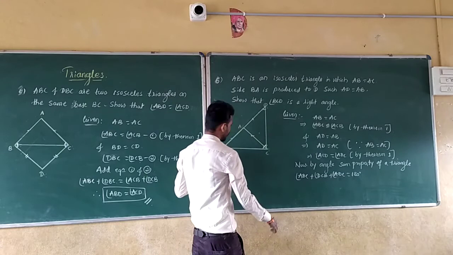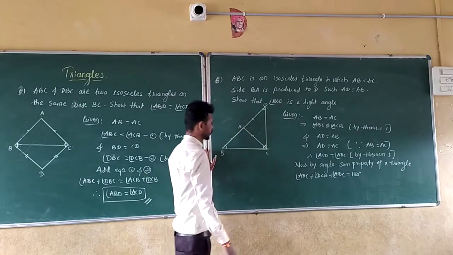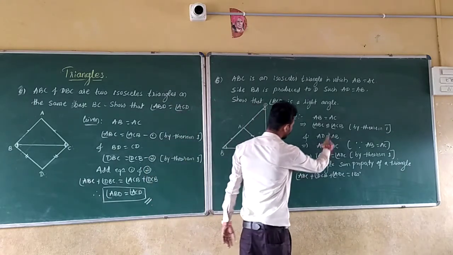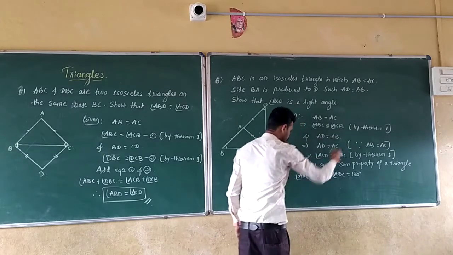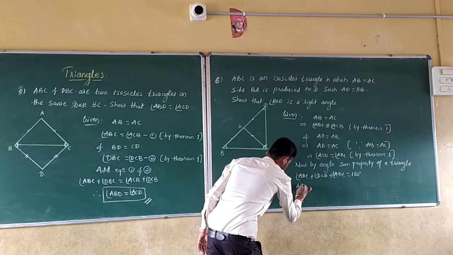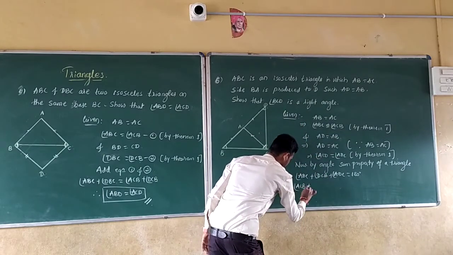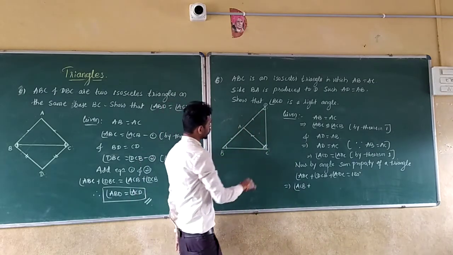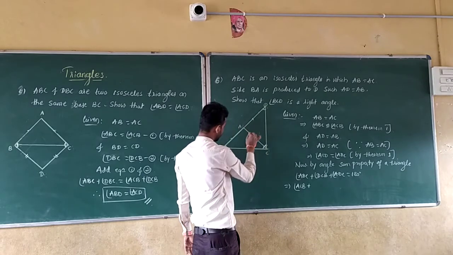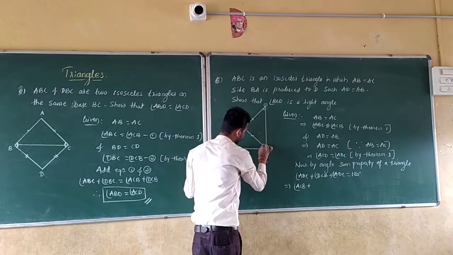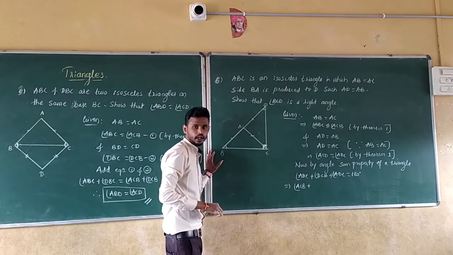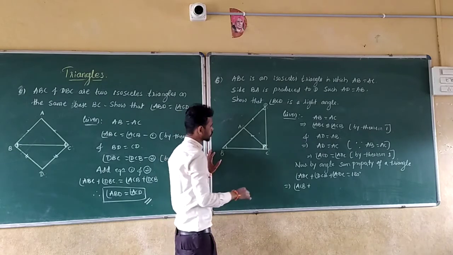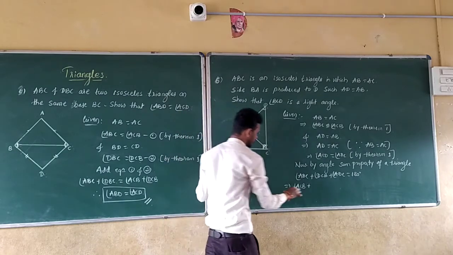Now in place of angle ABC we can write ACB, plus DCB, this is the total angle.